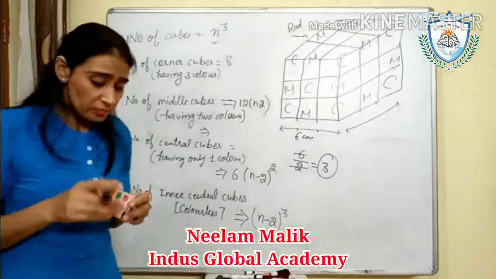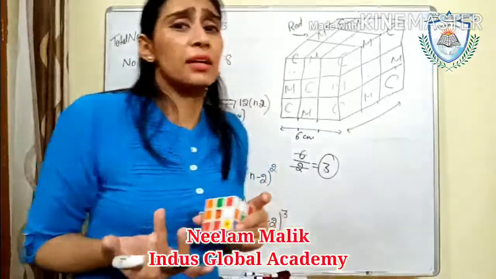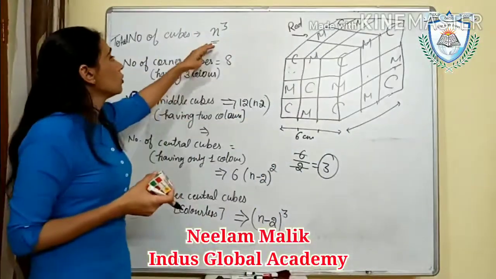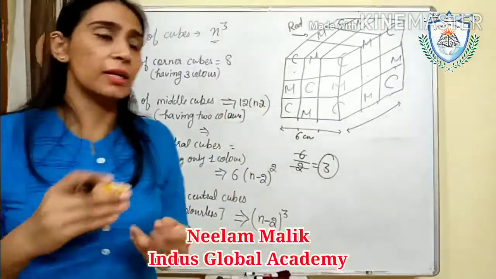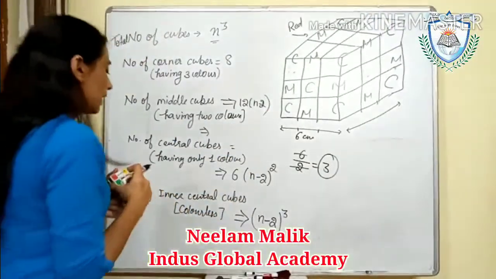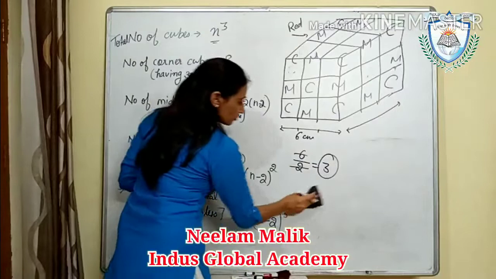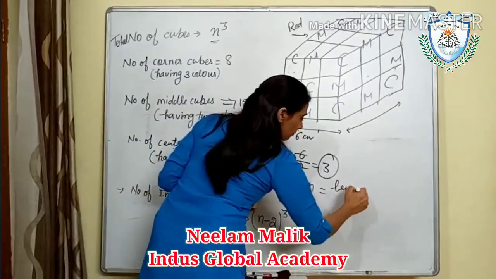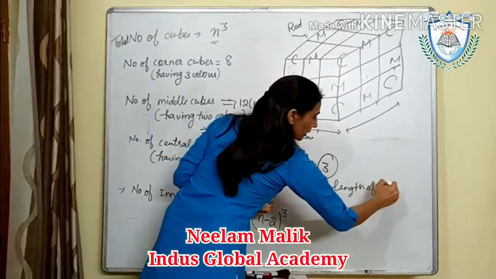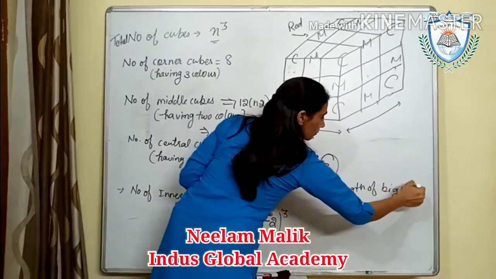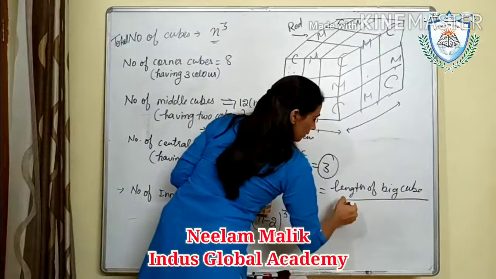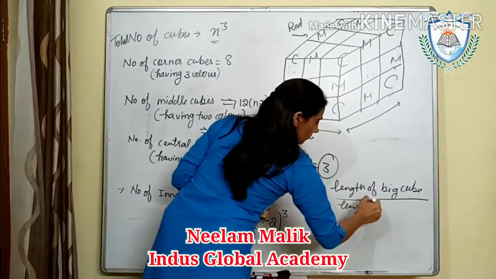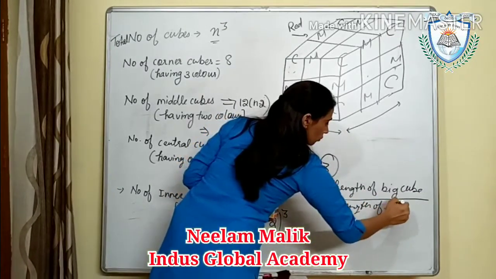Now you are thinking, what is this n? How do we know the value of n? So n is the length of the big cube and the length of the small cube.